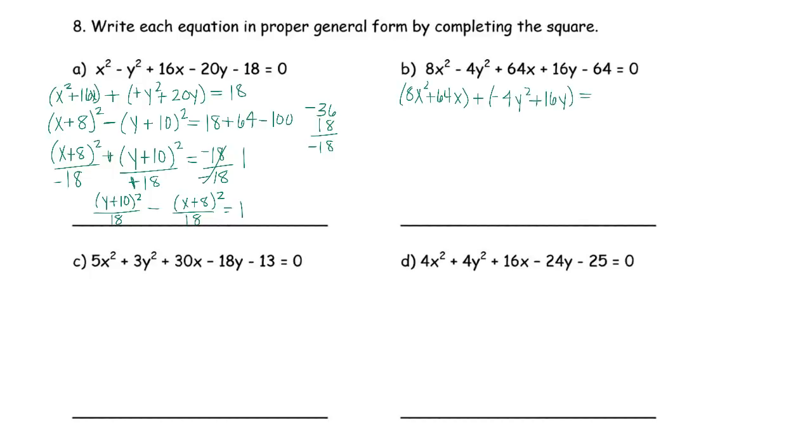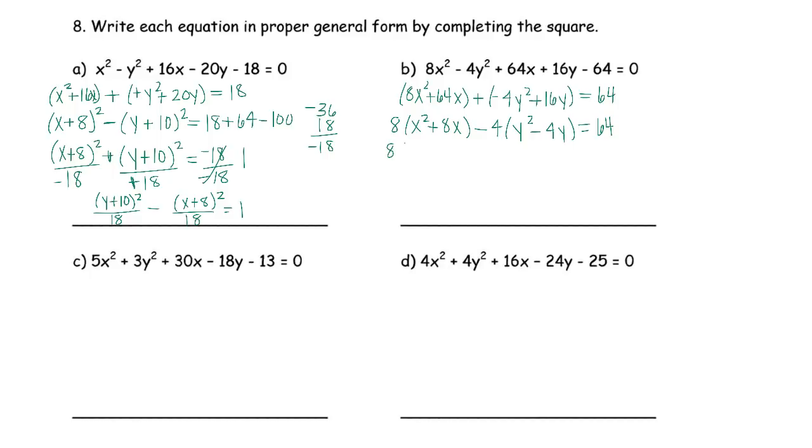And all of that's equal to 64. We do need to make sure we have a positive 1 before we start doing our shortcut. So I'm going to factor out an 8, and then I'm going to factor out a negative 4. So I have y squared minus 4y. And now we're going to go through and do our completing the square, and it will be our shortcut.